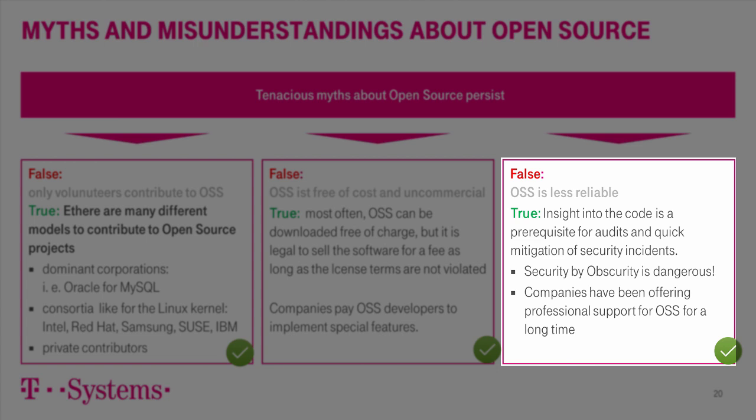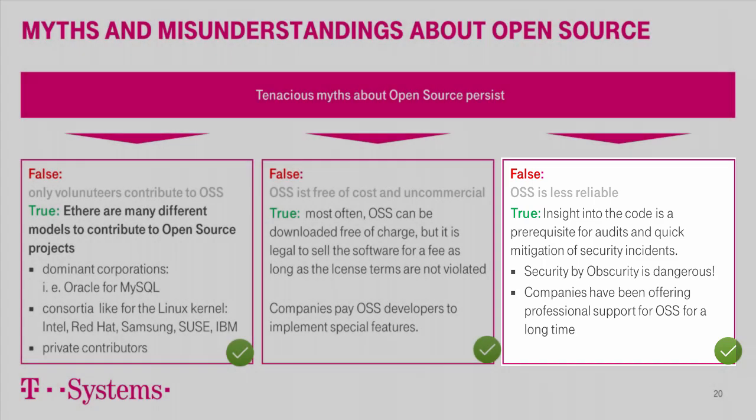But what is more important is the time frame in which the code gets fixed once defects are discovered. Usually, if we encounter problems in open source software, they are fixed within a day or a few days.